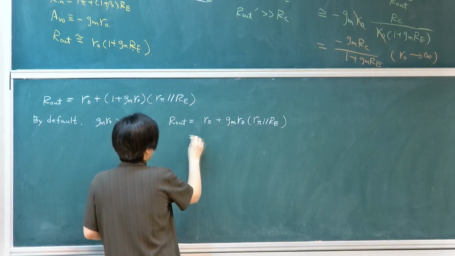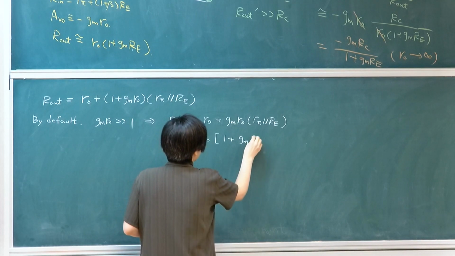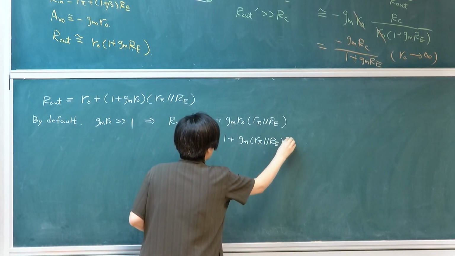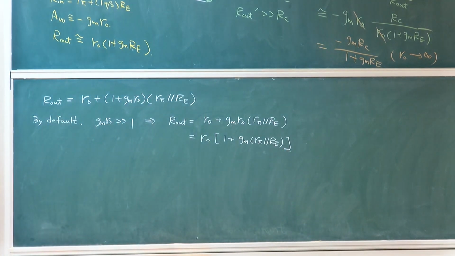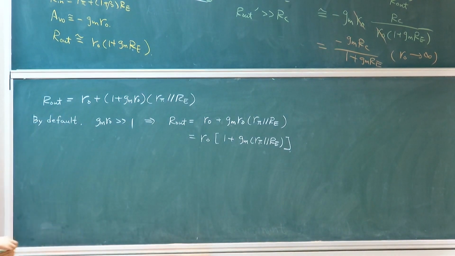Or you want to rewrite it as this, which is typically true. If you use this equation, there's a very rare case that this will not be valid, because GMRO much, much larger than 1 is true by default if you're using the right technology. If you're not, for example, if you're using reverse active or something, you've set it wrong.